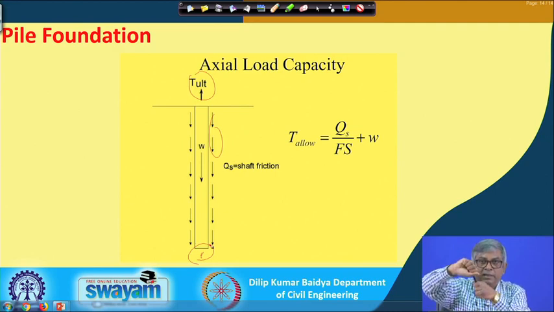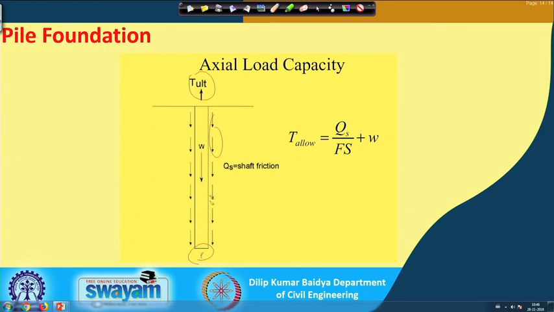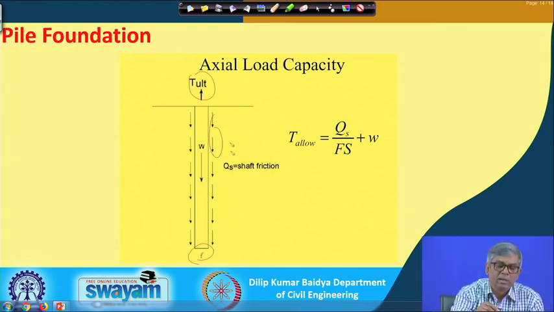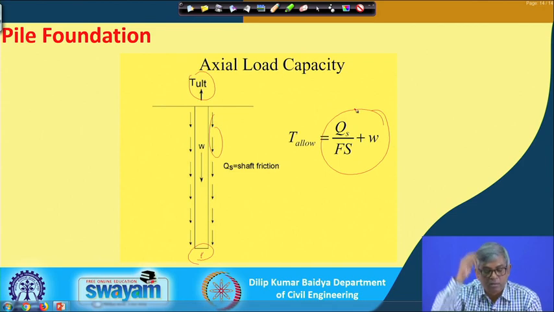If I pull like this, the entire pile will be held by the frictional resistance developed between the soil and the pile. So around the surface of the pile we have the friction, and then finally, what should be the allowable tension that can be applied? Q s, the frictional resistance, you have to calculate, divided by factor of safety, plus W, where W is the weight of the pile.